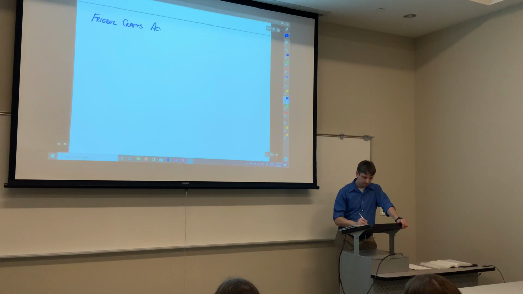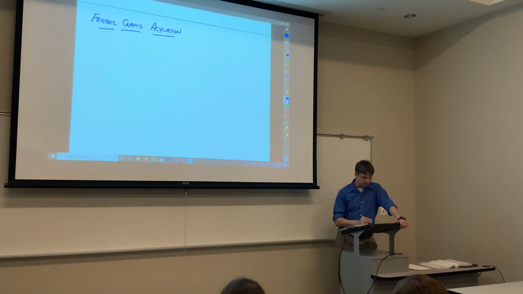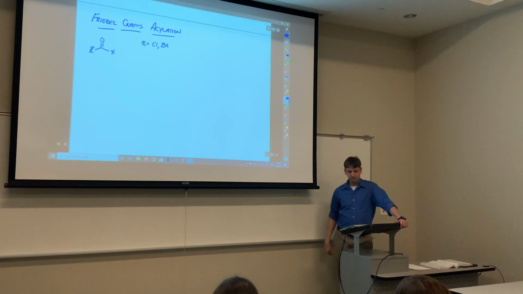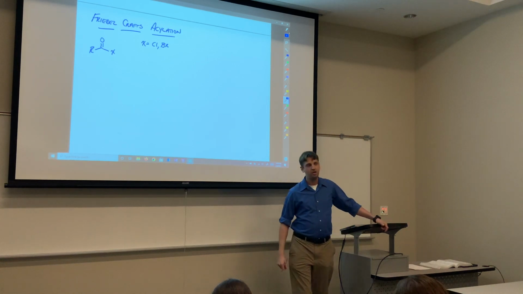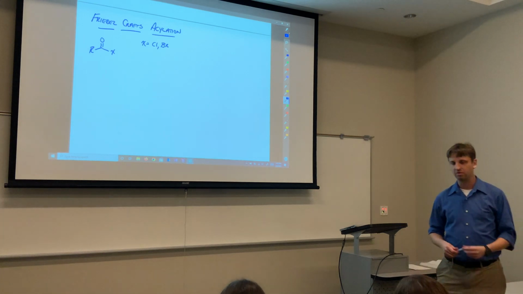So now we go to Friedel-Crafts acylation. First of all, what's an acyl group? An acyl group, we'll see this quite a bit, especially coming up in the subsequent chapters. An acyl group is a kind of carbonyl group.